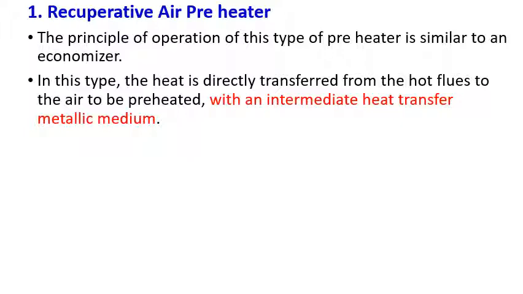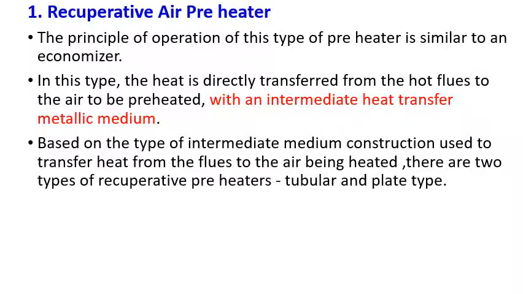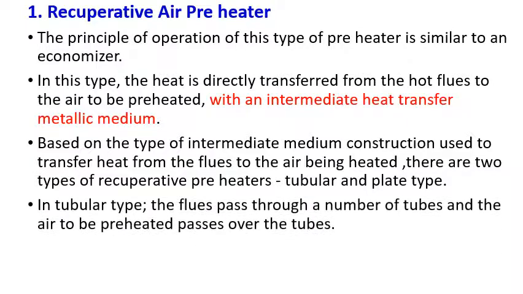In this type, heat is directly transferred from hot flue gas to the air to be preheated through an intermediate metallic heat transfer medium. Based on the type of construction used to transfer heat from the flue gas to the air being heated, there are two types of recuperative preheaters: one is the tubular, one is the plate type.